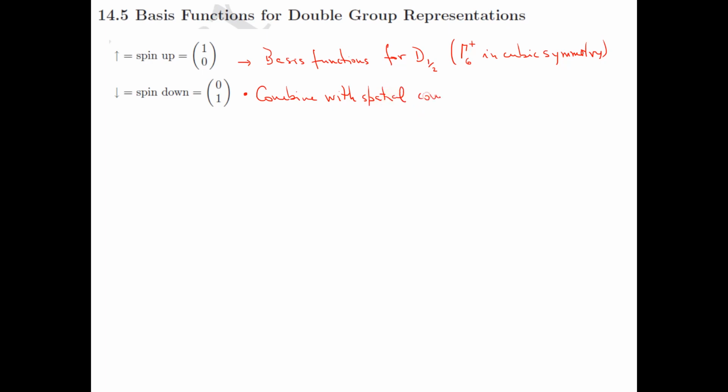Spatial component. We did this exercise last time: when you have a state corresponding to an ordinary group representation gamma 1 plus, after you add spin orbit interaction, the final symmetry is given by the direct product between that and the spin representation, which in this case is gamma 6 plus.